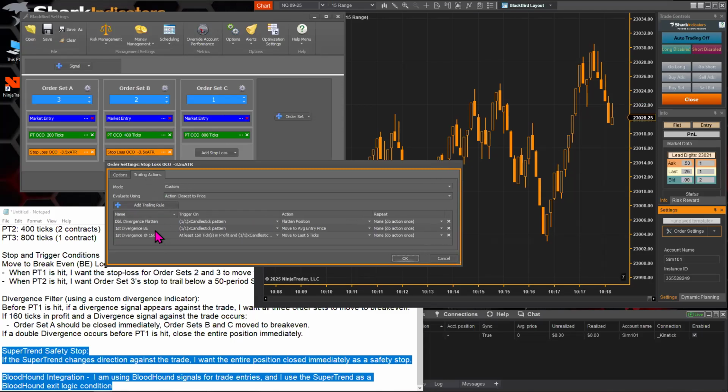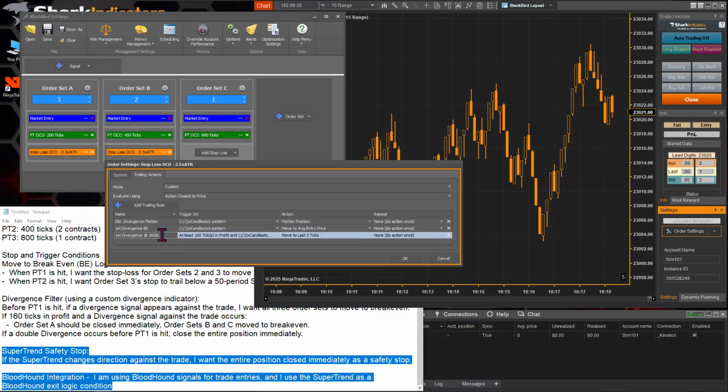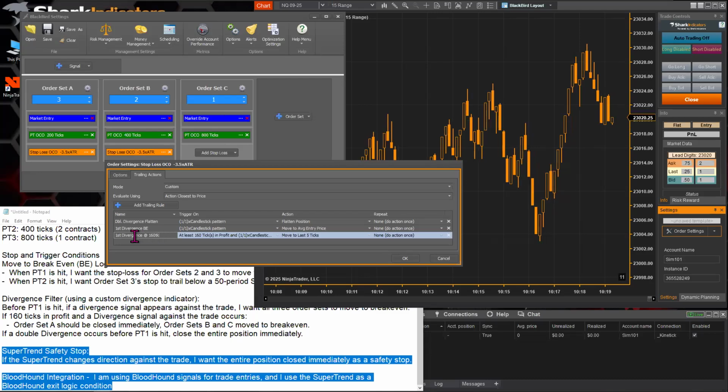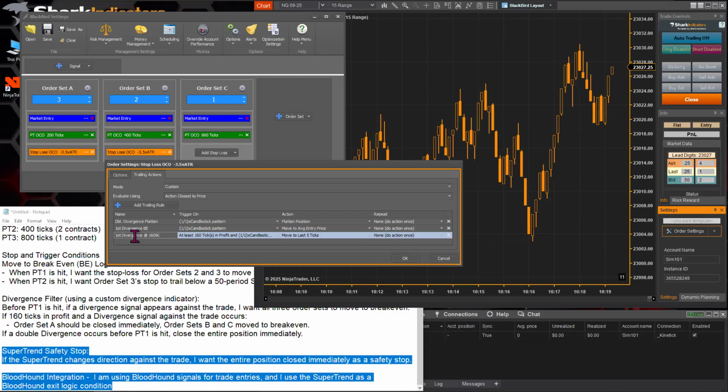We don't need to remove them, but it's good to remove trailing rules that will not be used. Otherwise you're just having your computer compute unnecessary calculations.